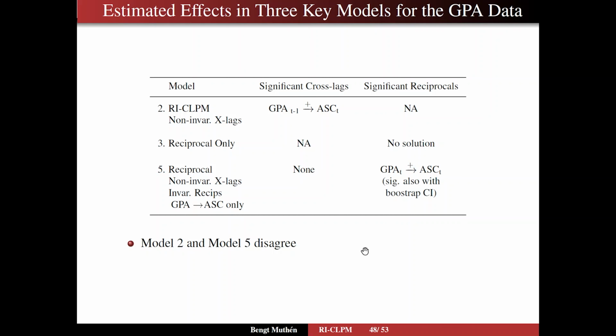So you see there that Model 2 and Model 5 disagree. And it's an example of the fact that using cross-lag panel modeling, you cannot really rely on findings of cross-lagged effects when you have almost equivalent or almost the same fitting reciprocal models that say that instead the effect is contemporaneous lag 0.